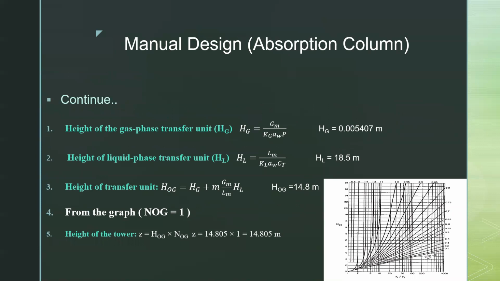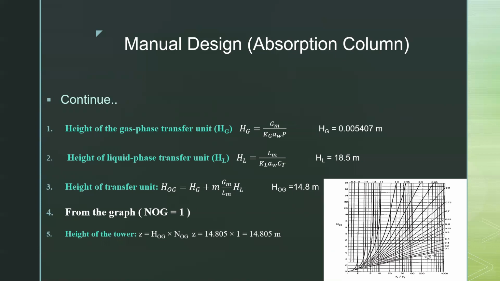Then we calculate the height of the gas phase transfer unit, HG, and then the height of the liquid phase transfer unit, HL, and then we can apply the HOG formula, which is the height of the transfer unit, being equal to 14.8.